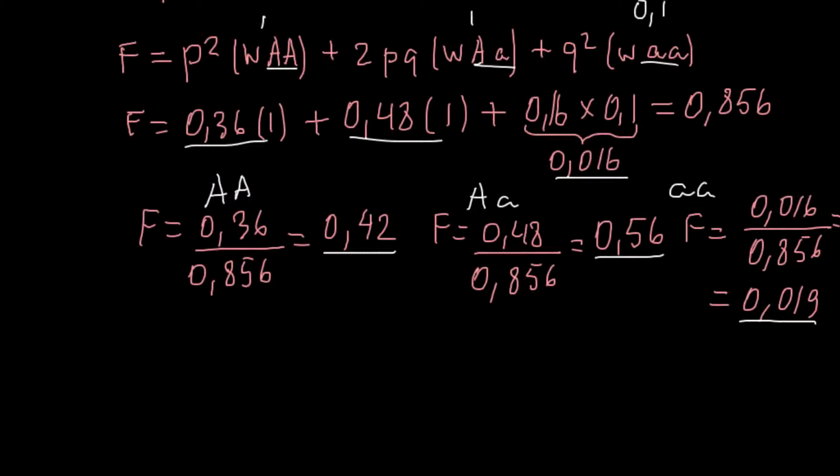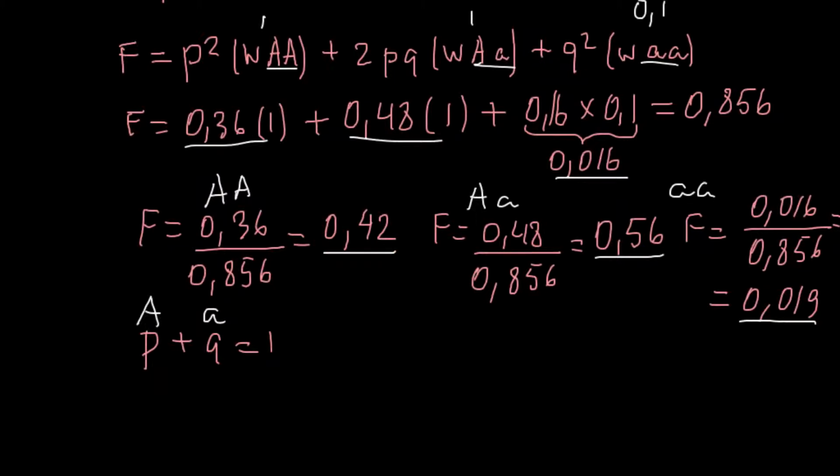We have to find new frequencies of the capital A and small a alleles. So once again I want to remind you that P plus Q equals 1, where P is all the alleles capital A and Q all the alleles that are small a. And the new frequency of the homozygous dominant genotype would be 0.42.